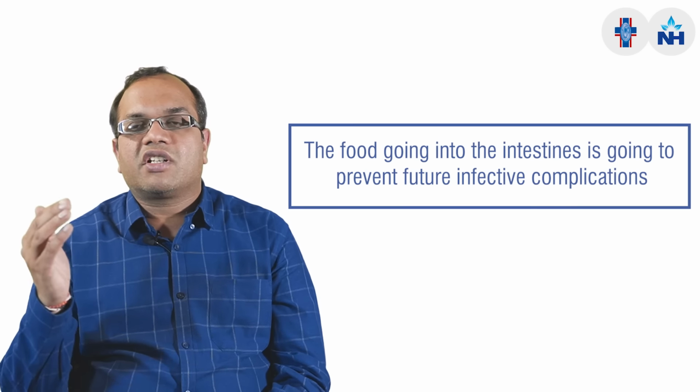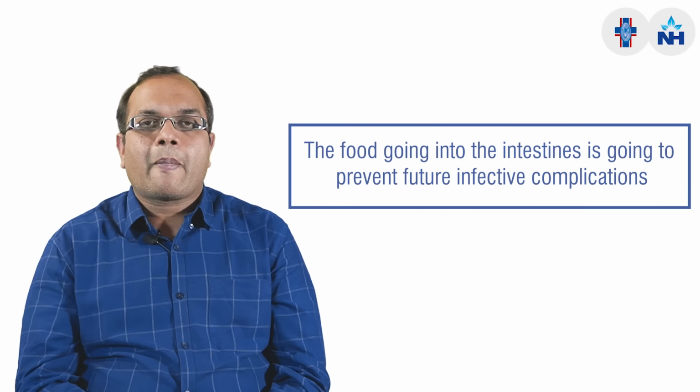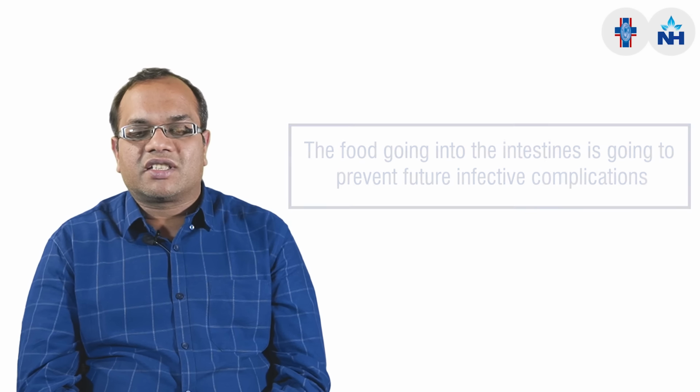Whatever feed can go into the stomach, into your intestinal tract, is going to prevent the future infective complications of acute pancreatitis. So you have to take a good amount of feed.